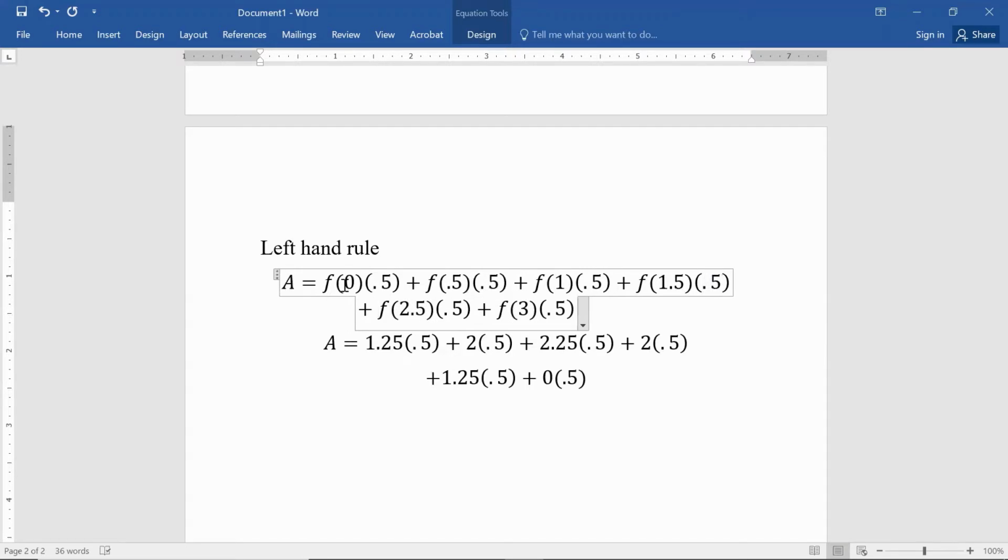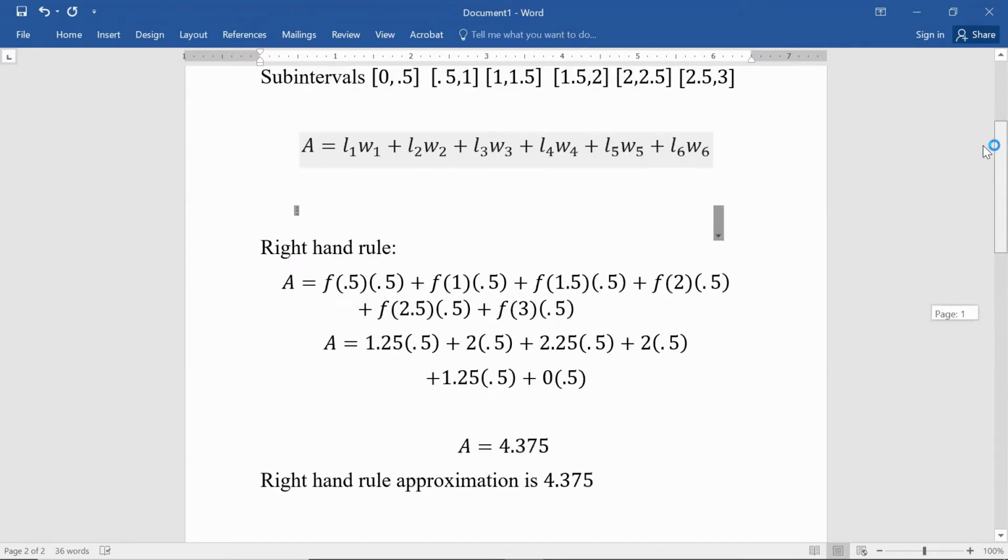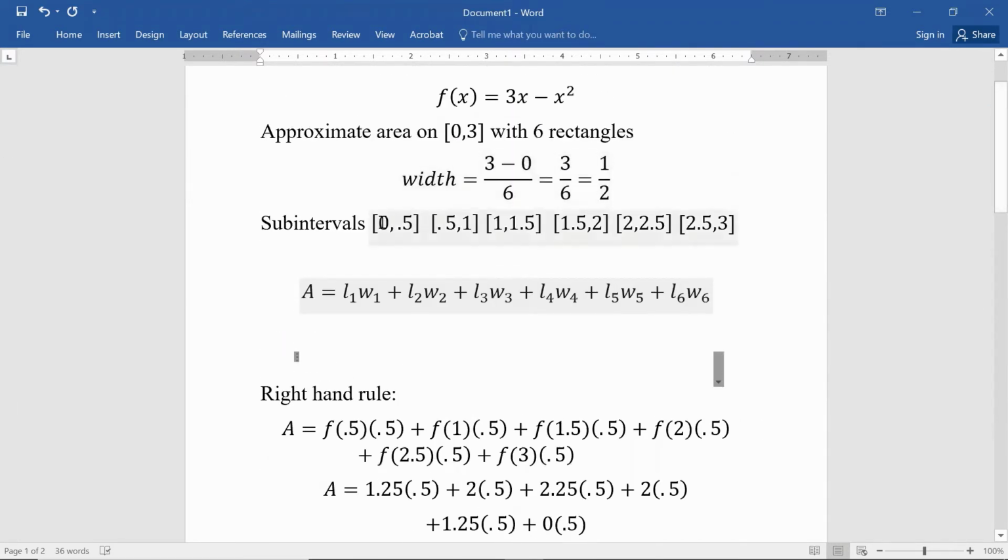F of 2 times the width of the fifth subinterval, and F of 2.5 times the width of the sixth subinterval. Again, we're just taking each of these subintervals algebraically, and we're peeling off the left-hand value.